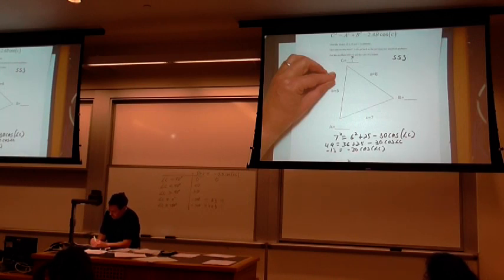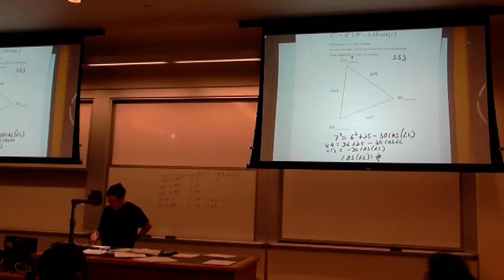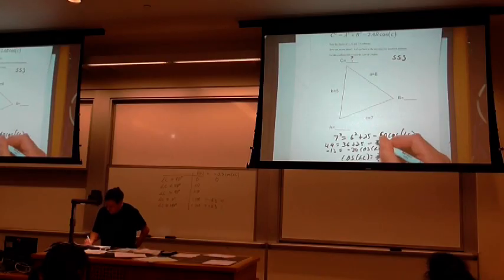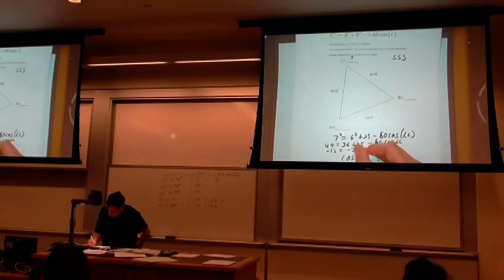And dividing through, I get that the cosine of angle C is equal to 12 over 30, or, wait, it should be 60. So it's going to be 2 over 10, or 1/5.